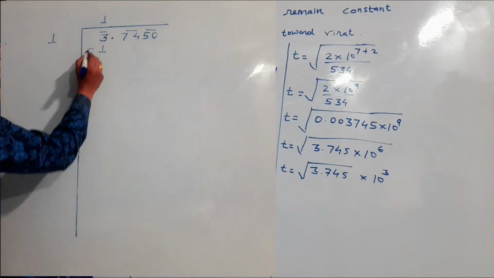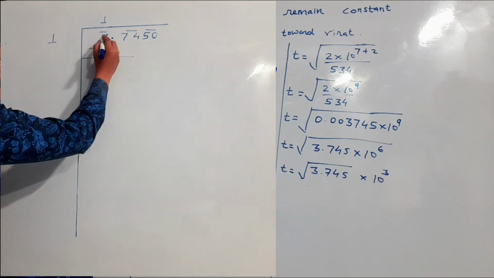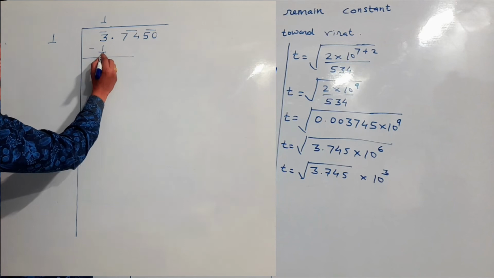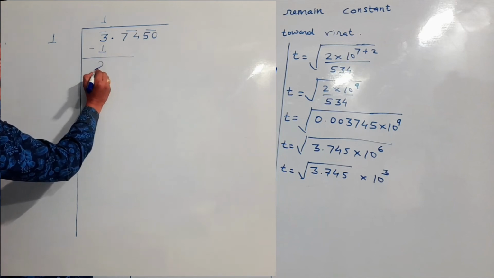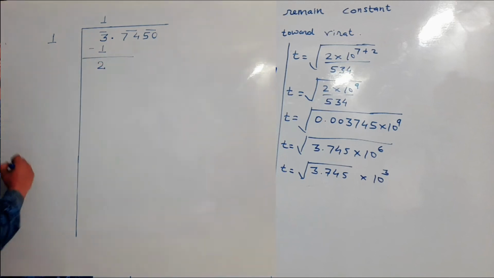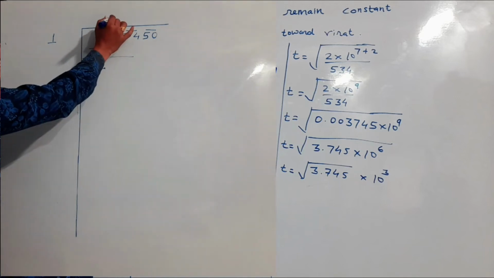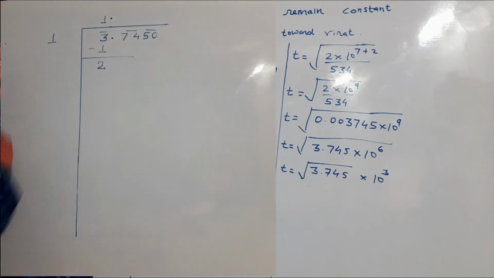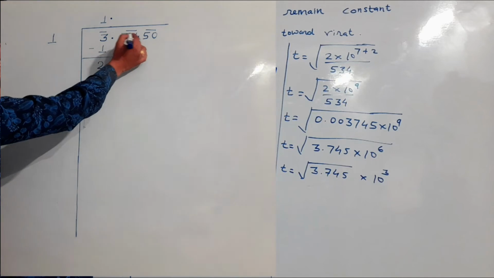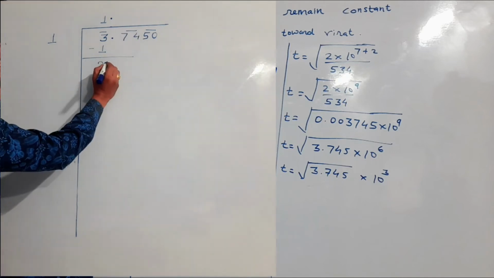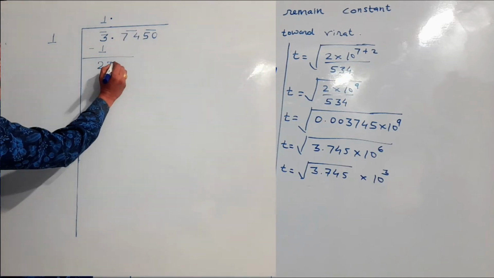And subtract, here we will get 3 minus 1, that is 2. Point we will take as it is above. And this pair 74 we will take down.